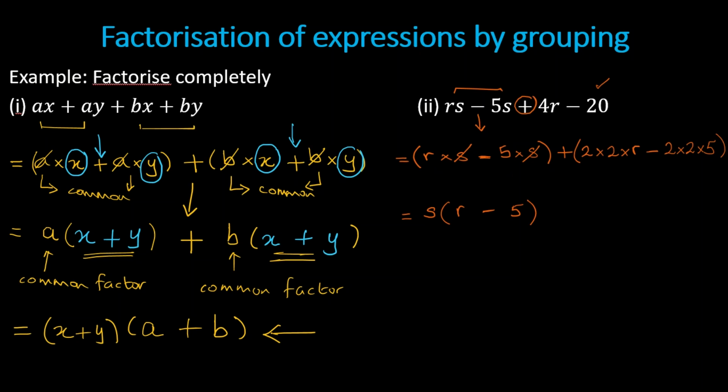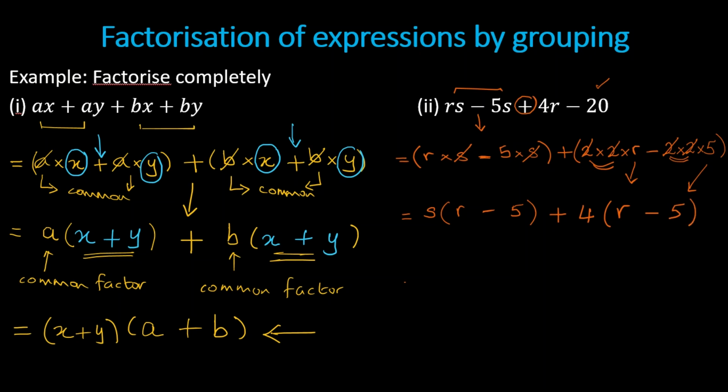Here we have plus, insert the plus. Which number is common? Here we have 2 and 2. Here we have 2 and 2 as well. So 2 times 2, meaning 4 is common. So we are left with R minus 5.